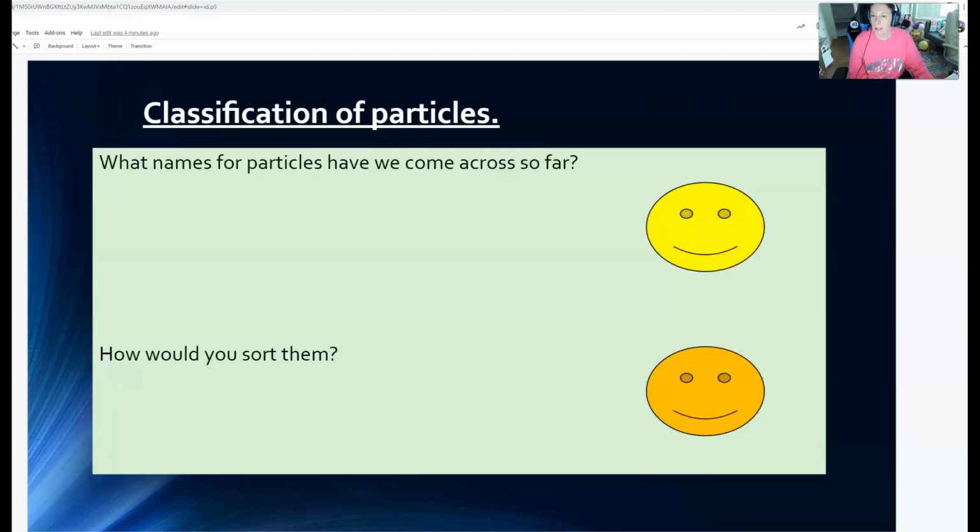Once you predict a particle, you need to go away and find it. So, maybe pause the video: what particles have we talked about so far, and how would you go about sorting them?